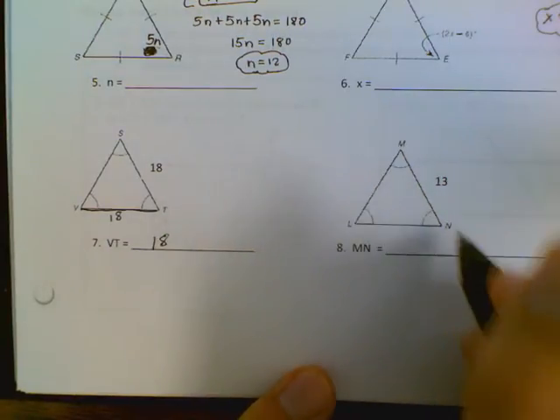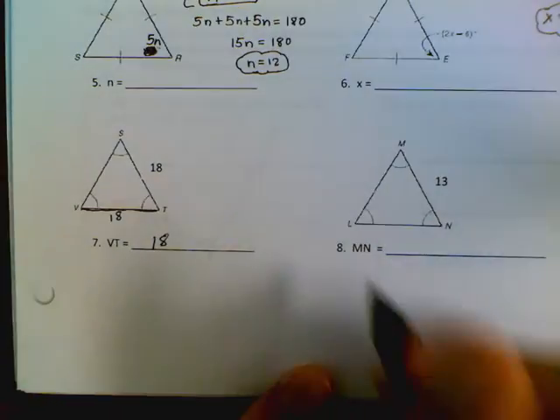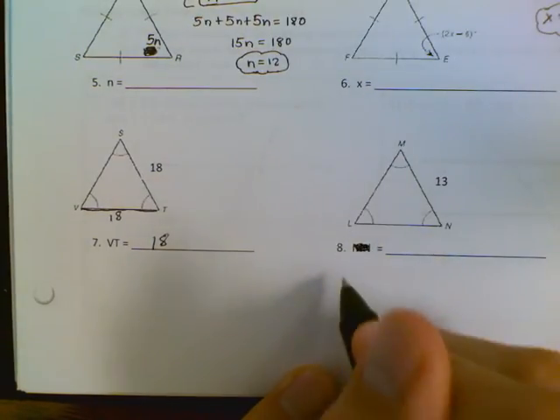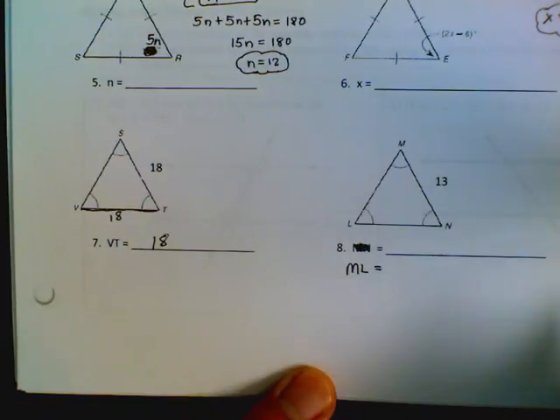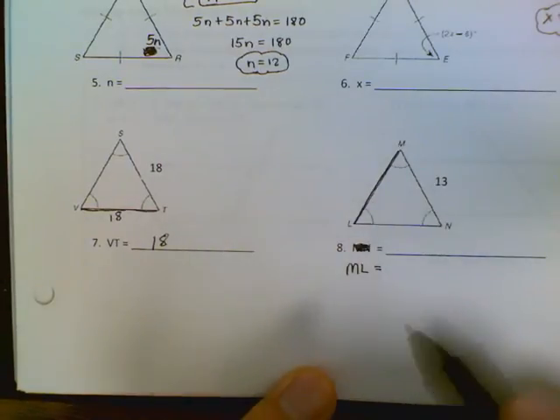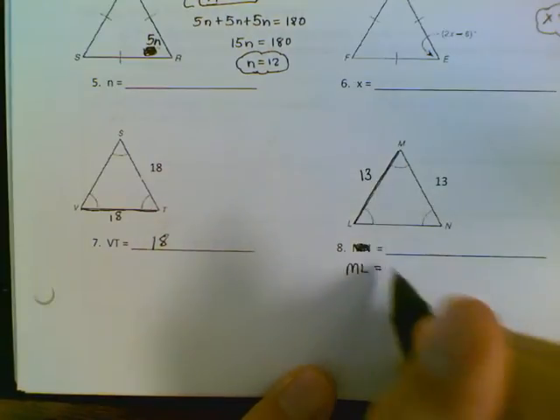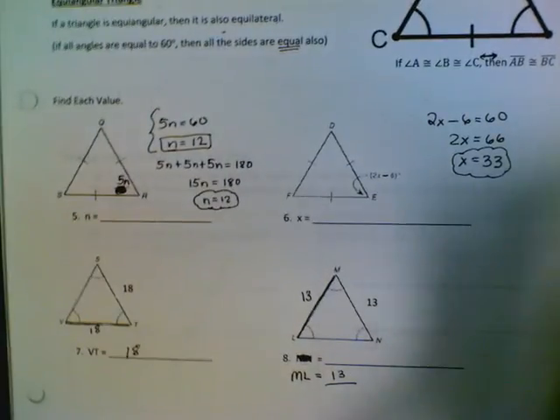And MN, well, it says MN is 13, so I imagine that this problem should have said something like ML. So ML, how long do you think that one is? If all the angles are the same, then the sides must be the same. So 13.